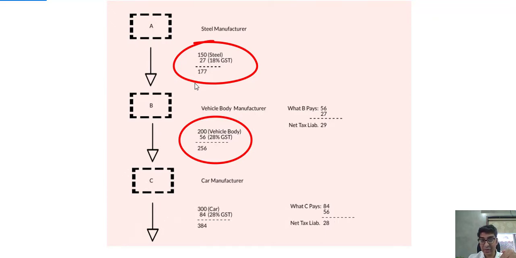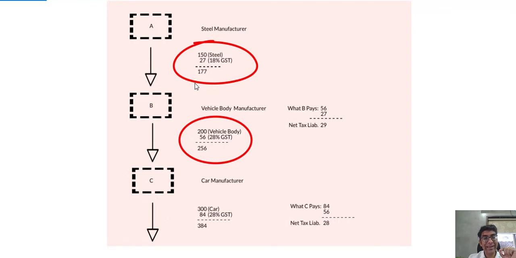Now when he turns around and sells the vehicle body to Hyundai and collects 56 rupees, logically speaking, he would have to deposit 56 rupees with the government. But he has 27 rupees as points in his account.